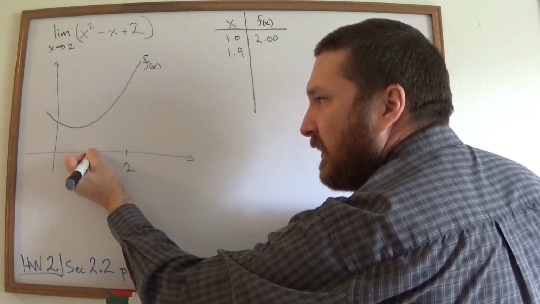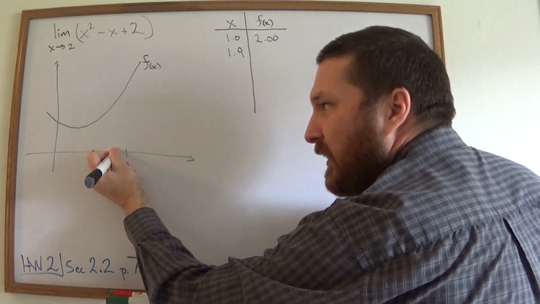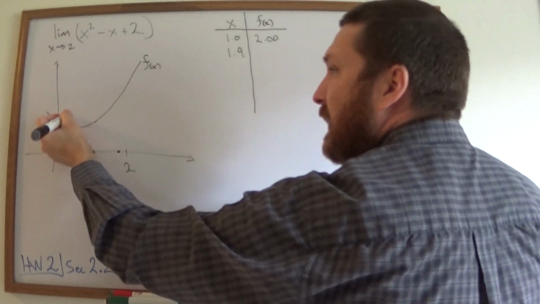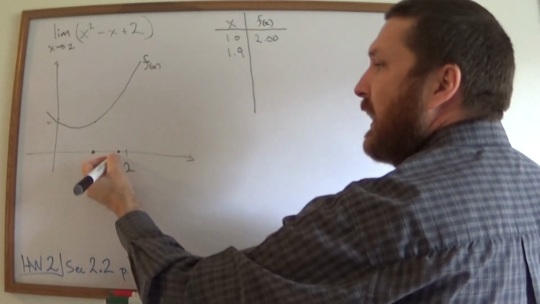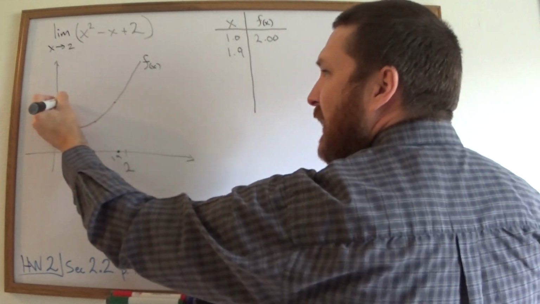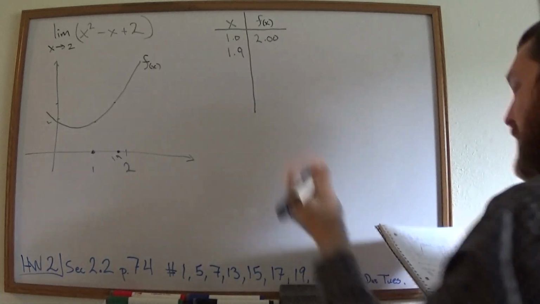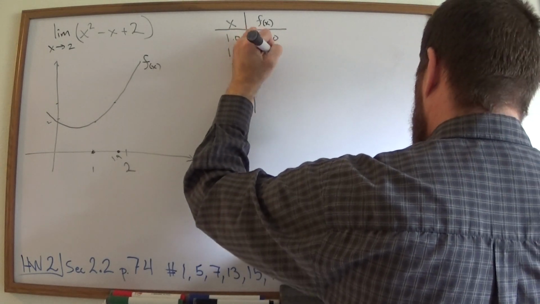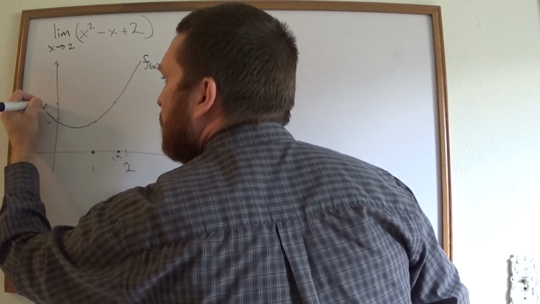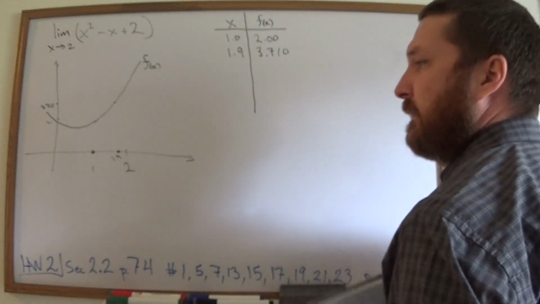I plug in my 1, I get out a 2. I plug in my 1.9, and I get out a 3.710.